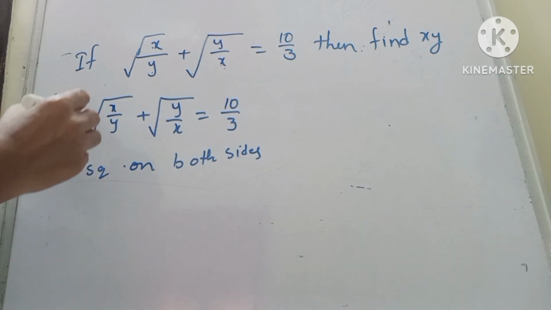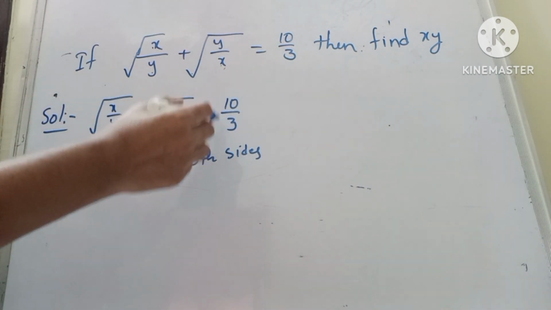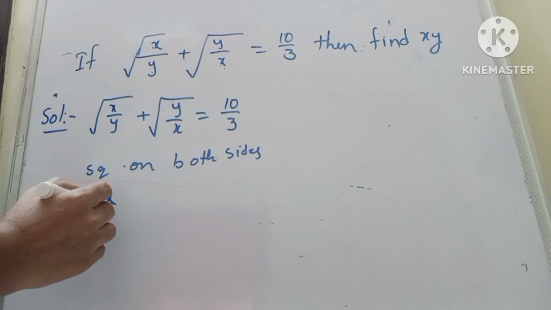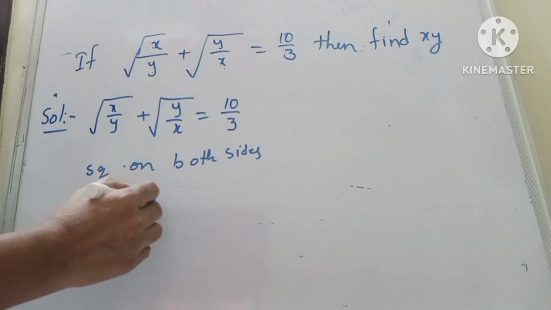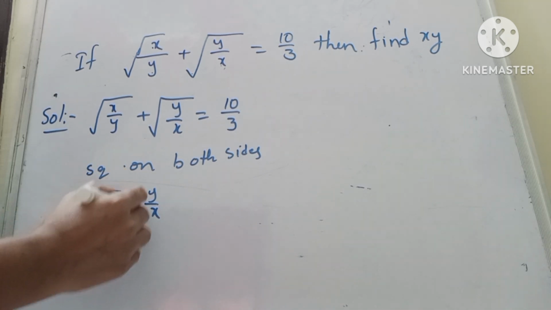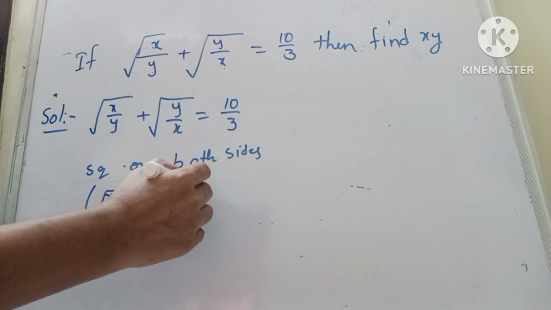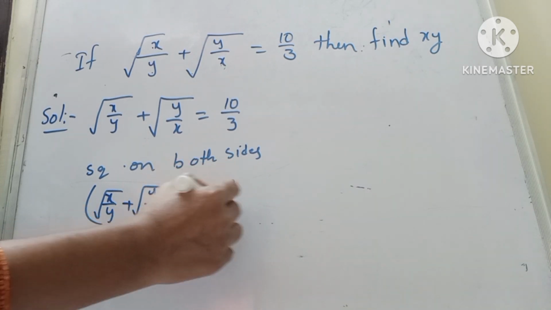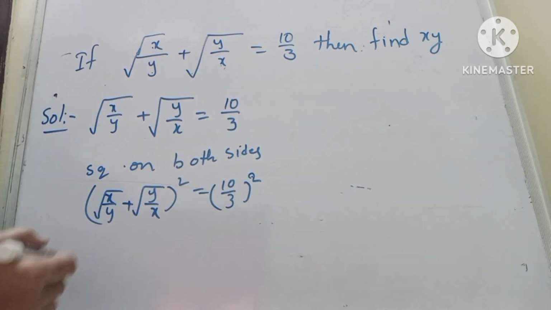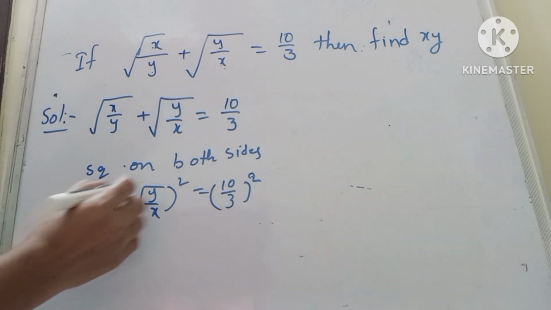Squaring, it becomes the a plus b whole square formula. The square root of x by y plus square root of y by x, whole square, is equal to 10 by 3 whole square. Then the square root is cancelled out.